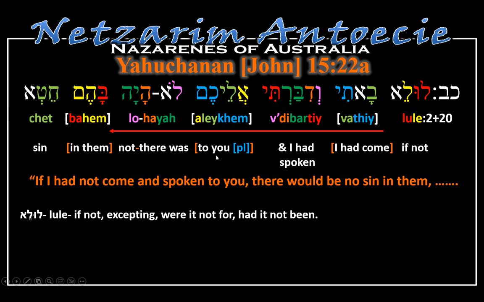That's of course the plurality of it. It means everyone. Lo, not, haya, there was. Bahem, in them. Chet, which means sin. If I had not come and spoken to you, there would be no sin in them. Meaning they wouldn't know sin, basically. That's what it's sort of saying.